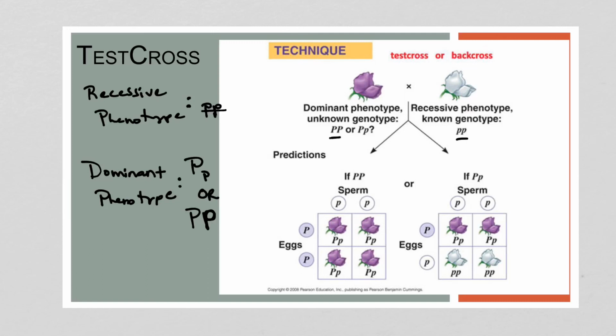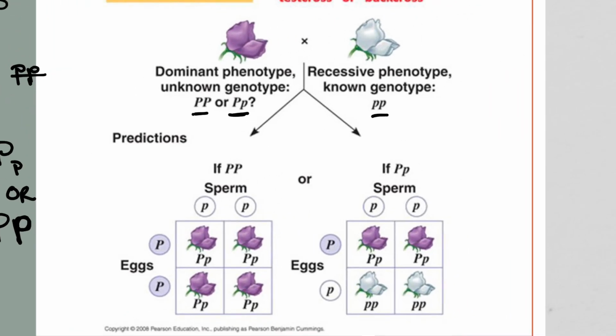So if you're trying to figure it out, and that's what's shown here, you can predict what would happen in each case if it's homozygous dominant or heterozygous. And then, based on the offspring and the ratios of the phenotypes in the offspring, you can determine whether or not the parent plant was heterozygous or homozygous dominant, as long as you have enough offspring to do so. So if the parent plant in question is homozygous dominant, then when it's crossed with a recessive phenotype, all of the offspring are going to show the dominant phenotype because they're all going to be heterozygous, as you see here.